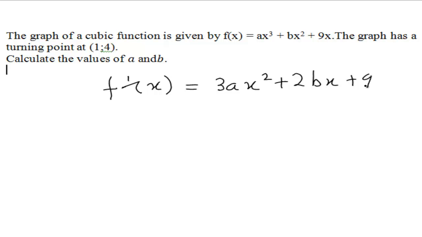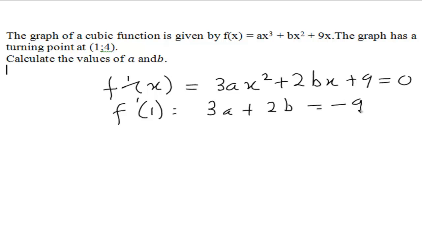This derivative is equal to 0, and then we can substitute x equals 1, and we will find that 3a plus 2b is equal to minus 9.